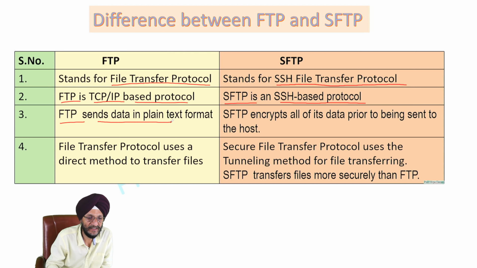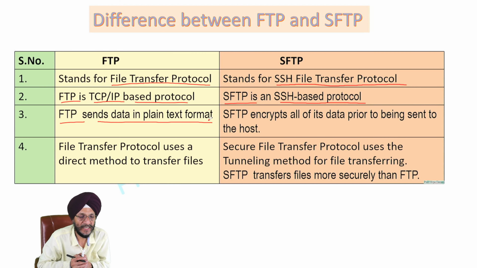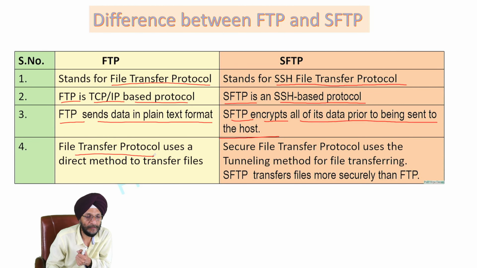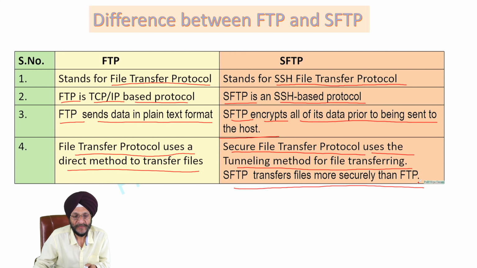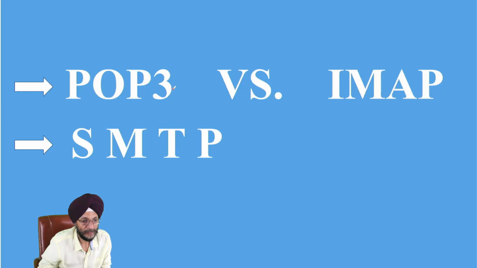FTP sends data in plain text format, that is without encryption, whereas SFTP sends the data in encrypted form before being sent to the host. File Transfer Protocol uses a direct method to transfer files, whereas Secure File Transfer Protocol uses the tunneling method for file transferring. SFTP transfers files more securely than FTP.